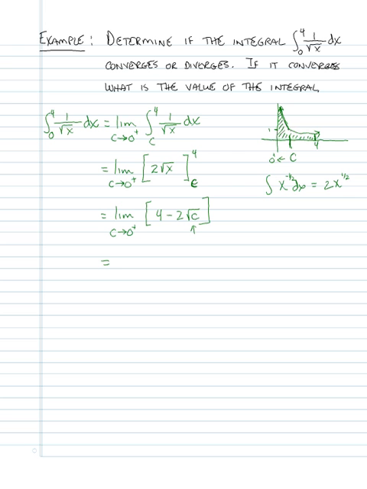Well, as c gets closer and closer to 0, so does the square root of c, and so the limit in this case is just 4. Oh, very interesting. So this area, although it is unbounded in an upward way, has a finite area. So this converges, and it converges to 4, has a value of 4, doesn't it? Okay, value of 4.